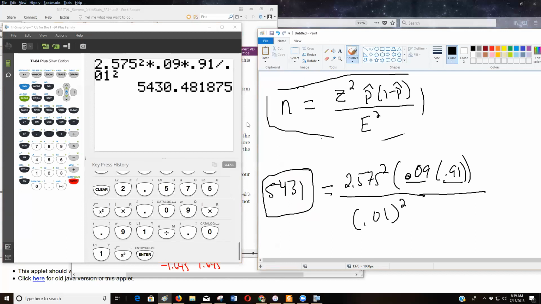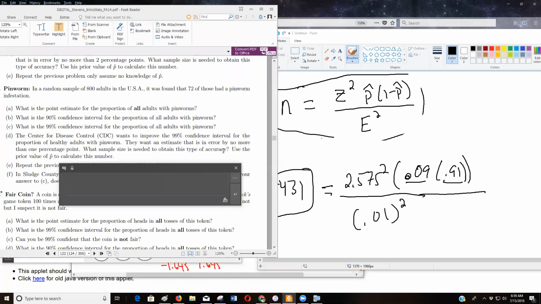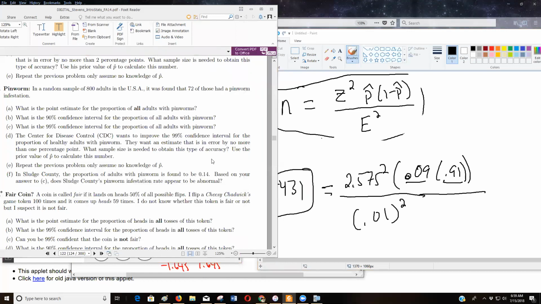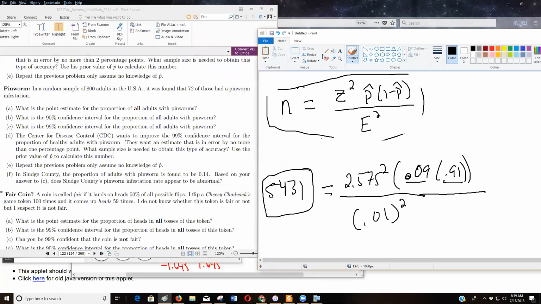The other part of it is, what if you don't know anything, no prior estimate? So what we're going to do is come back to my formula, and we're going to get rid of the 0.09 and the 0.91 because we are assuming we don't know that. And if we have no idea about what's going on, we're going to use 0.5, 50% of the people infected.